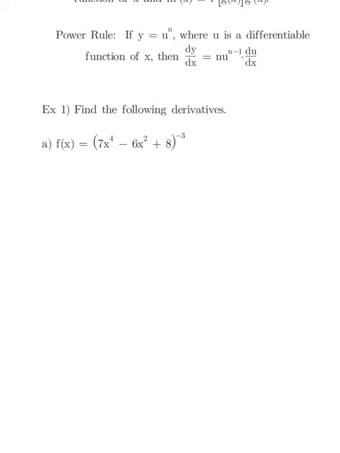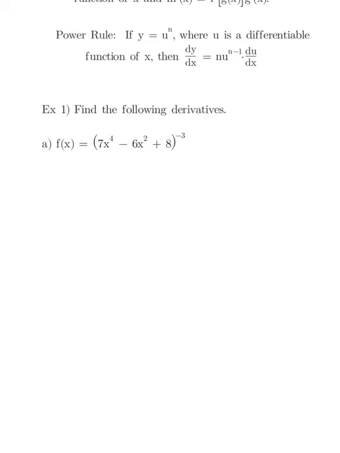For our first example of using the chain rule, we are asked to find the derivative of the function f of x equals the quantity of 7x to the fourth minus 6x squared plus 8, raised to the negative 3. I just want you to see how this is a chain rule problem.